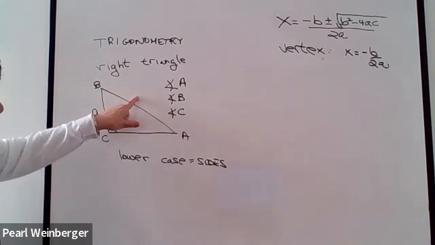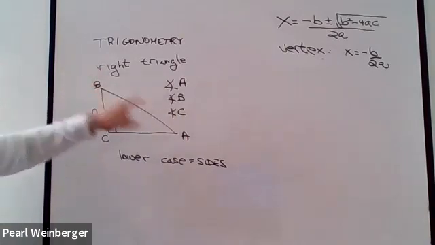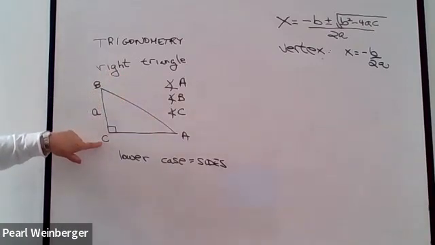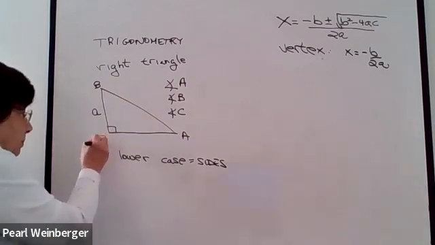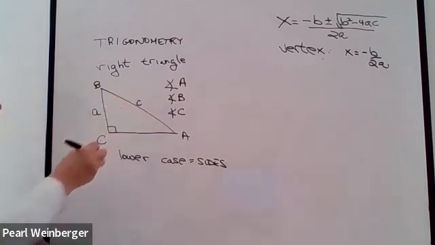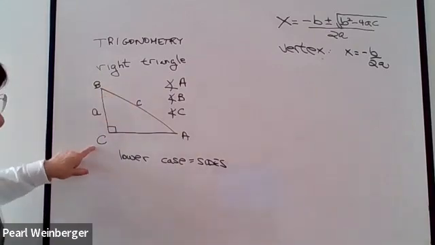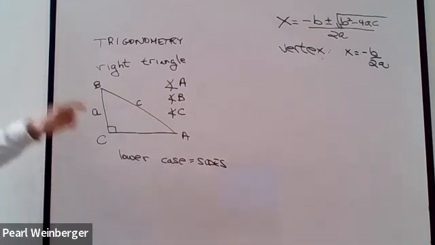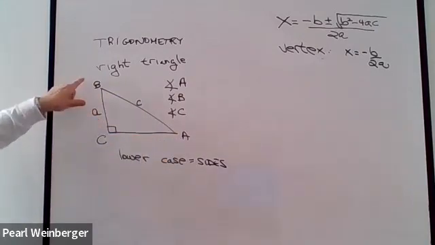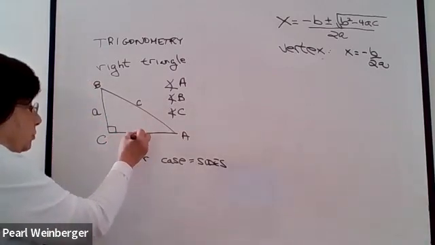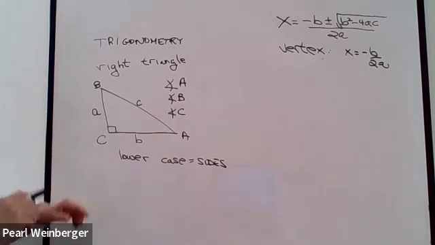So if I look at this side, I know it's BA, but it happens to be right across from capital C. I'm going to make this one bigger. The problem with the C's is that the big capital C and the lowercase c look exactly the same except for the size. So this would be lowercase c because it's opposite angle C. And this side is opposite, or directly across from, angle B, so this is going to be called lowercase b.